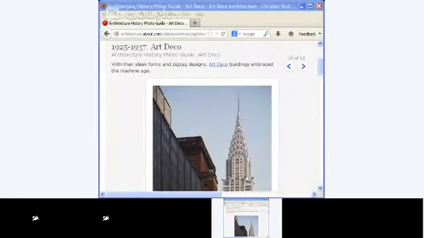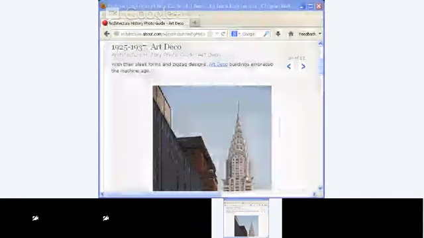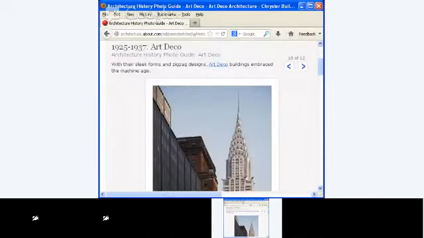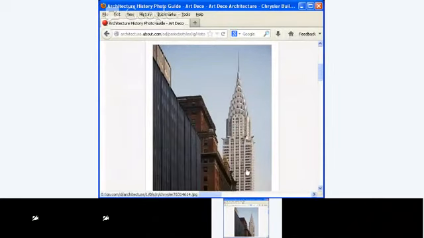This is also the time when you're starting to have painters that are painting much more abstractly, impressionists, all kinds of different experiments going on in architecture and art. So at the time, this would be extremely futuristic.